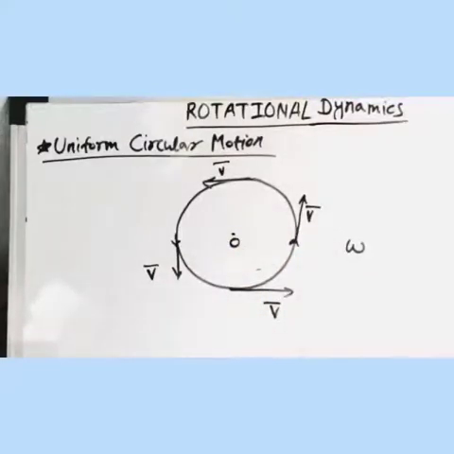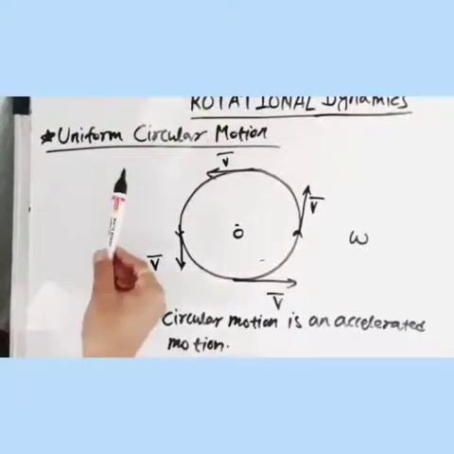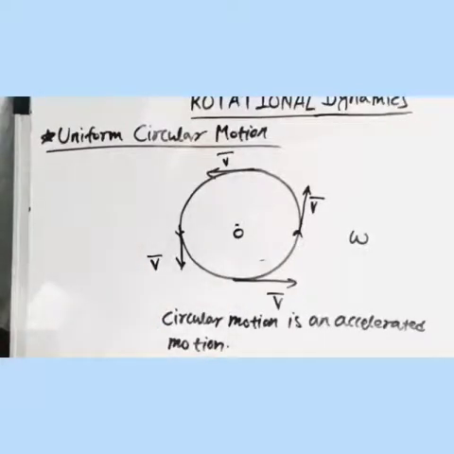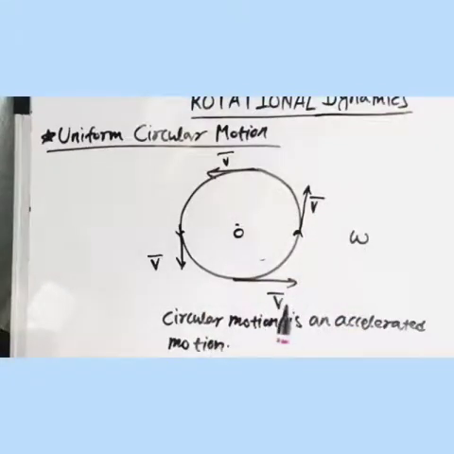So even though it is uniform, circular motion is an accelerated motion. Why is this acceleration there, even though we are calling it uniform circular motion? Because even though the magnitude of the velocity is the same, its direction is continuously changing. That's why circular motion is an accelerated motion, because there is a continuous change in the velocity vector, and whenever there is a change in velocity vector, there must be acceleration.